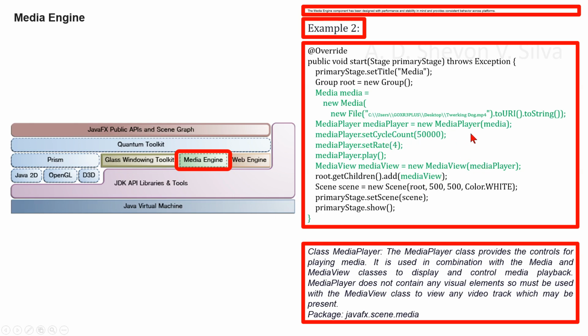Media player does not contain any visual elements, so must be used with the media view class to view any video track which may be present. Media player is in the package javafx.scene.media.